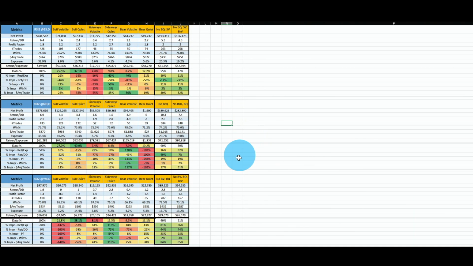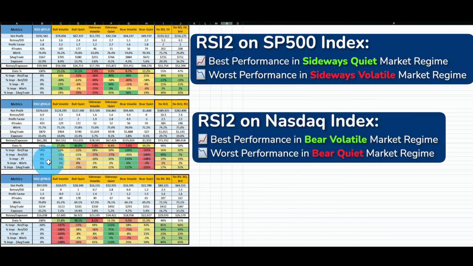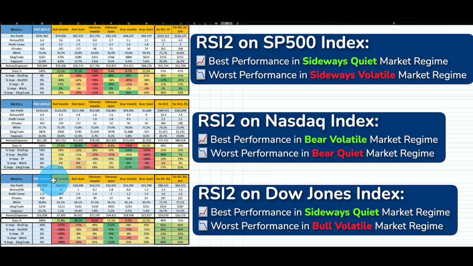So looking at them closely, this is the S&P 500 futures, this is the Nasdaq futures, and this is the Dow Jones futures. And the worst market regime for the RSI-2 classic strategy is the sideways volatile here, and it's the bear quiet in Nasdaq, and it's the bull volatile in the Dow Jones.